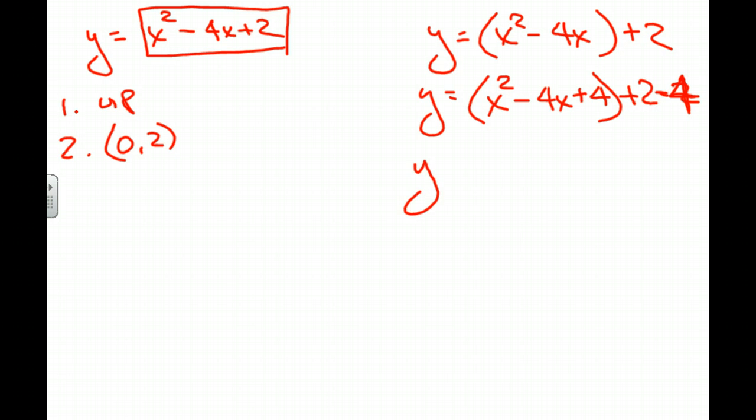Next step. Put it in that form there. Once you get it in that form, you're ready to go. So, at that point, my axis of symmetry is what? My axis of symmetry is whatever makes that 0. So, that would be 2.